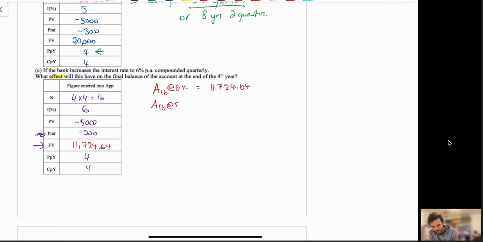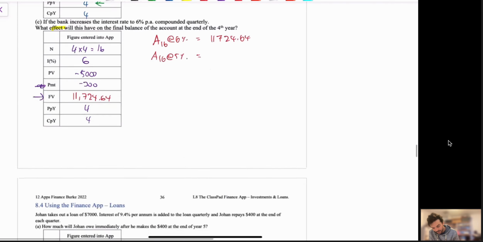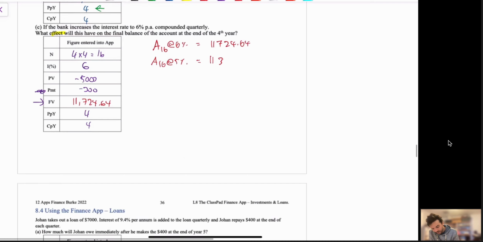A16 at 5%, we had our answer previously, 11,376.80. Deduct one from the other, we can see that the change is an increase of $347.84.